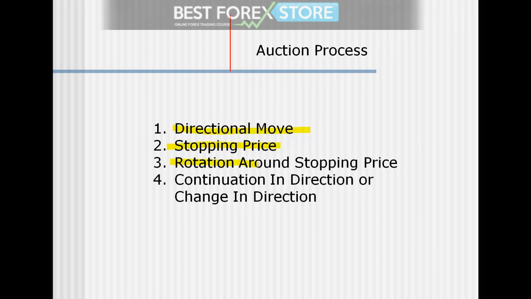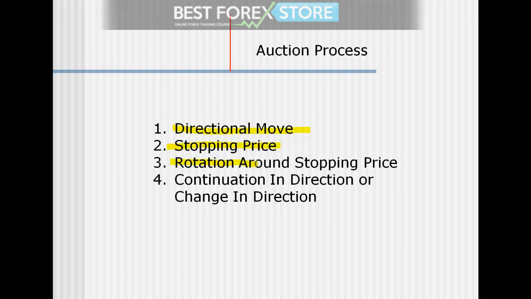Are those sellers capable of actually turning around the market and changing direction, or are the buyers more powerful, and will they be able to absorb all of the supply that the sellers are going to offer or throw at them in this new price range or in this new territory? And that's the purpose behind the rotation around the stopping price.